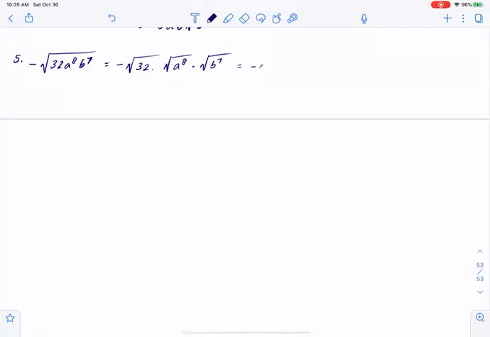Square root of 32, I can write it as 16 times 2. A raised 8, I can write it as a raised 4 squared. I can write b raised 7 as b raised 6 times b. 16, I could write it as 4 squared.